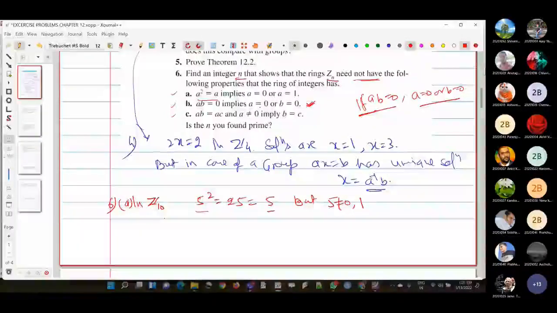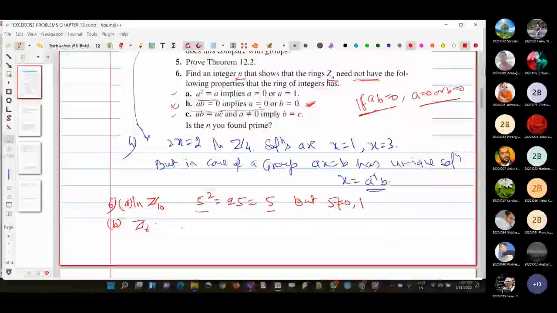In the second case, if we take an integral domain, then this will hold, but we need an example where this does not hold. So for that, take Z6.